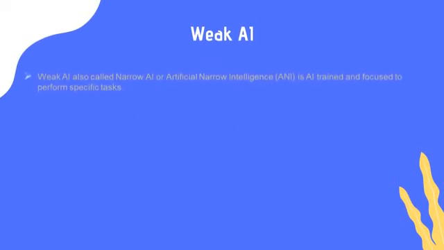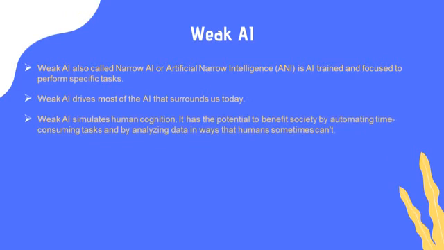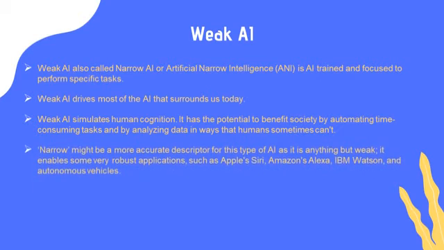About weak AI. Weak AI, also called narrow AI or artificial narrow intelligence (ANI), is AI trained and focused to perform specific tasks. Weak AI drives most of the AI that surrounds us today. Weak AI simulates human cognition, with the potential to benefit society by automating time-consuming tasks and by analyzing data in ways that humans sometimes can't.